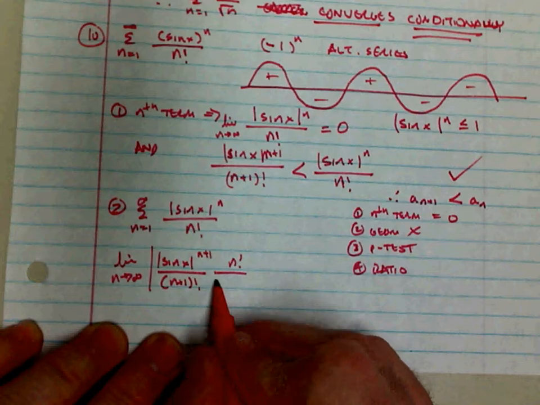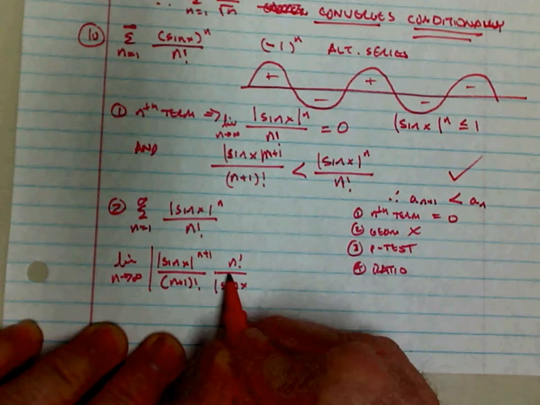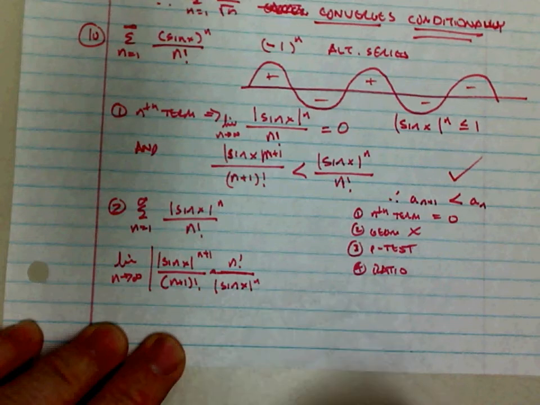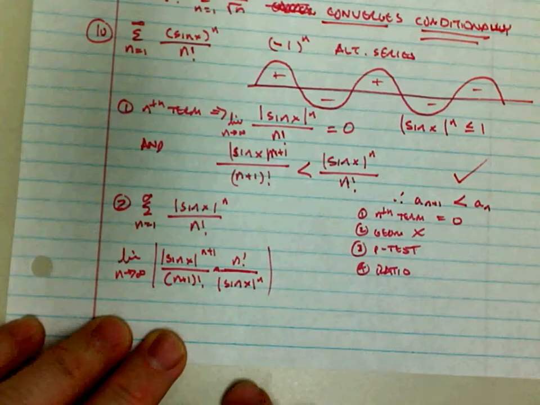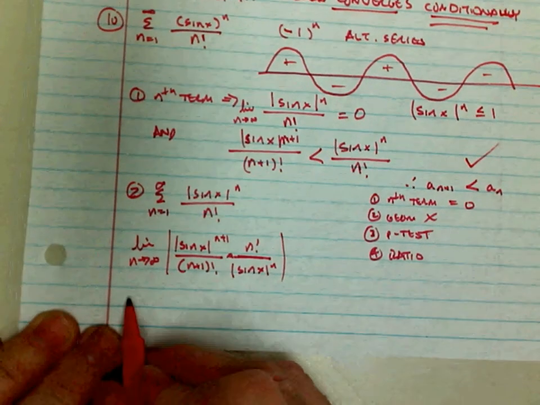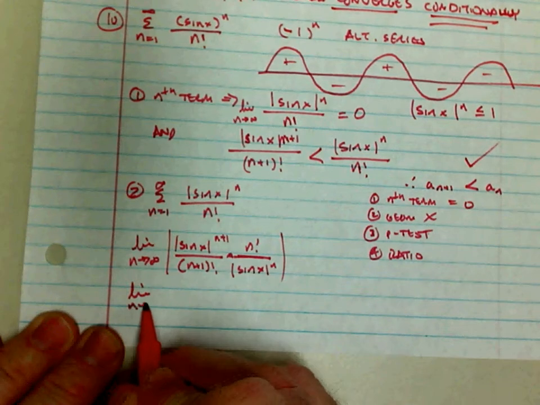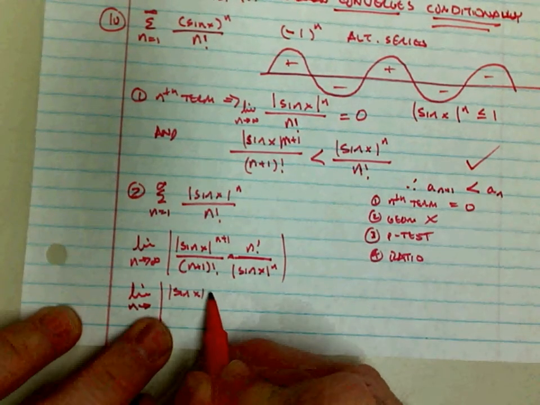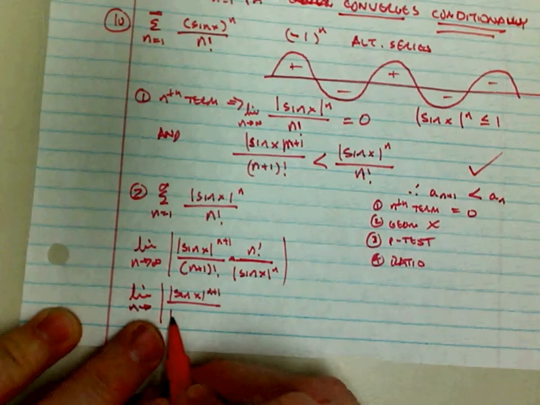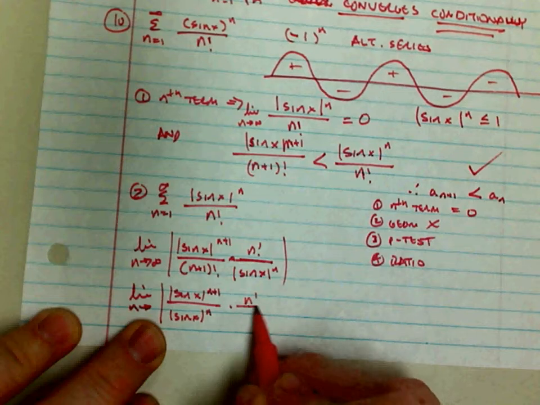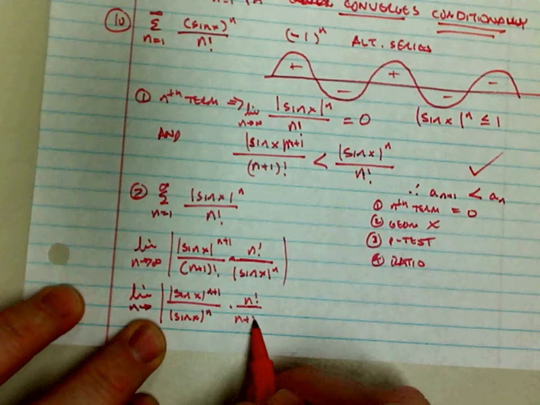So I'm multiplying this by the reciprocal of the denominator. I'll rewrite it one more time so you can see. This would be the sine of x to the n plus 1 divided by the absolute value of sine of x to the n, times n factorial divided by the quantity n plus 1 factorial.